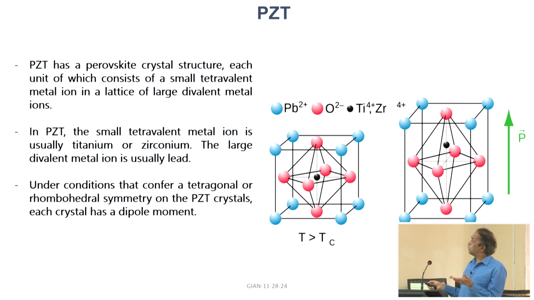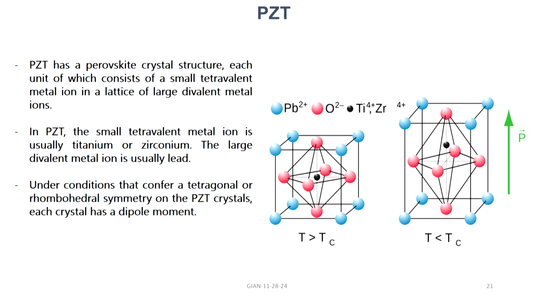And this one shows traditional ferroelectrics such as barium titanate or PZT for temperatures above the ferroelectric Curie temperature. The structure is rather cubic, and the titanium or zirconium are all placed right at the center of this octahedron.